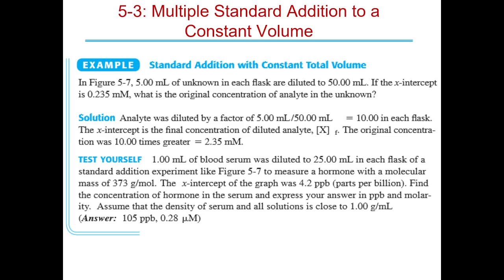Okay. So your x-intercept, the final concentration of dilute sample, was 2.35. That means your concentration in the original sample was actually 10 times greater, right? Okay. And so you do the math, 10 times greater, 23.5.